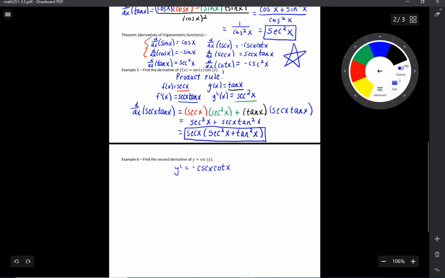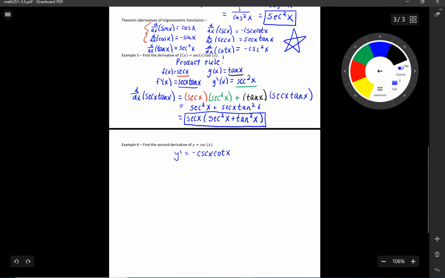And then from here, I have to use the product rule. So if I label f as negative cosecant x, you could put the negative on either one of these. And I label g as cotangent x. This gives me f prime of x is equal to, well, the derivative of cosecant x is negative cosecant cotangent.